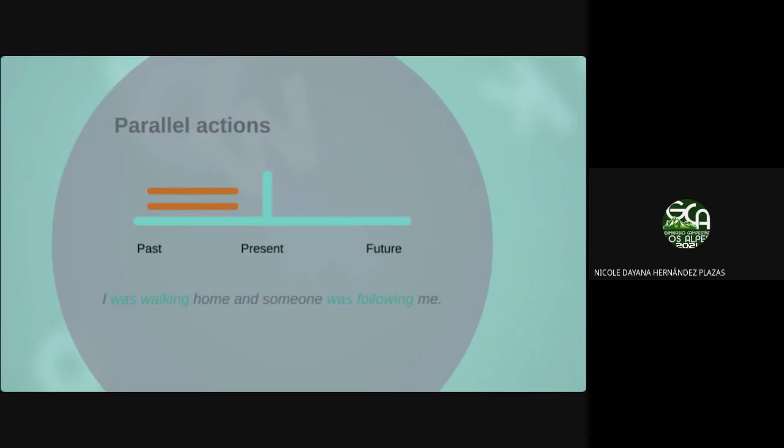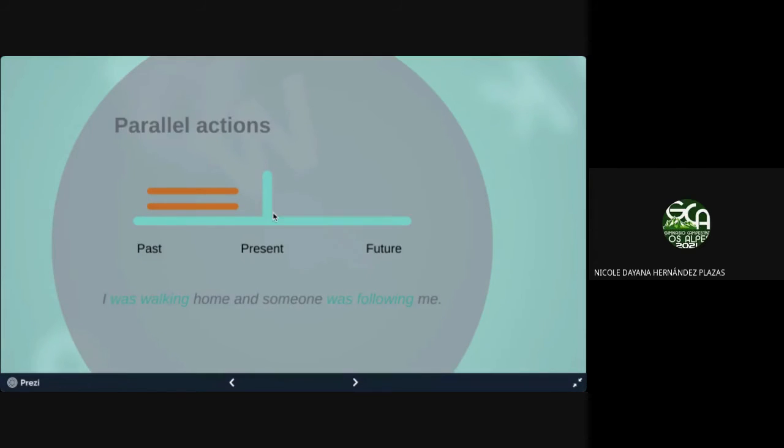What happened when you don't have one action that interrupts the other one? ¿Qué pasa si no hay acción que interrumpa? Easy peasy. In that case, you are going to use just past continuous. Look at this, parallel actions. You have two situations that happened in the past at the same time.